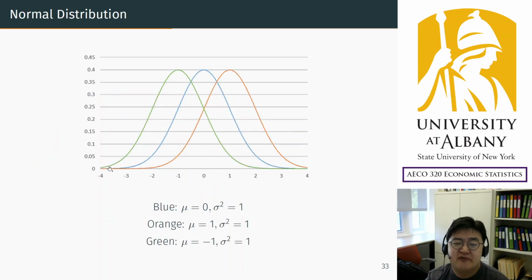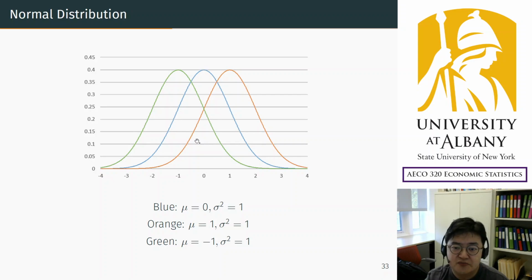And maybe you must be familiar with this type of graph, the bell curve. Fixing the variance, if you change the mean, the shape is the same. It is a parallel shift. So the mean determines the center, the peak. The peak is at the center.